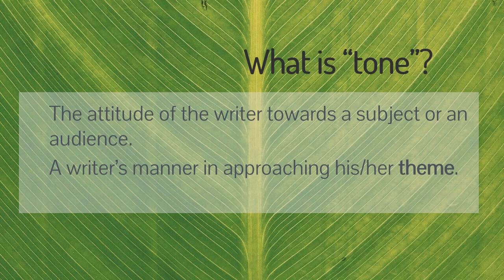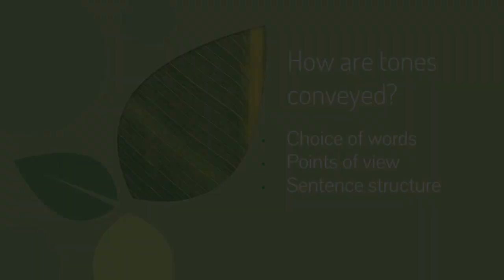Alright, now what is tone again? Tone is actually the attitude of the writer towards the subject or to the audience. And usually when we talk about tones here, it describes the kind of attitude of the writer.